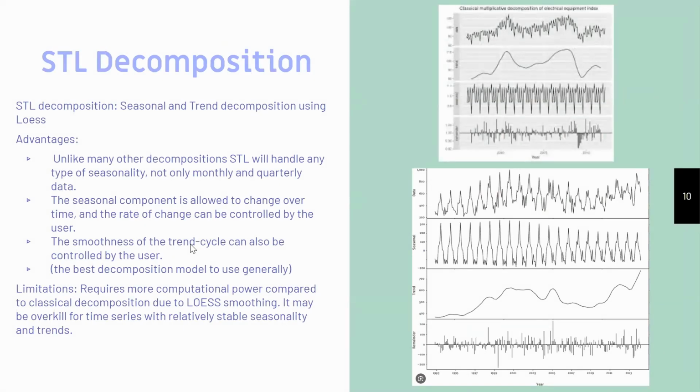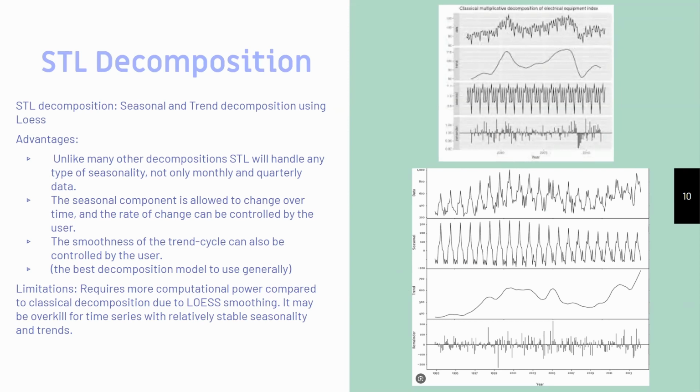Now, STL decomposition, what makes it better is it's a seasonal trend decomposition using LOESS. The reason why it's better is because with LOESS, we're able to model seasonality a lot better, because for things where seasonality is not constant or not monthly or quarterly, classical decomposition doesn't really allow for that.